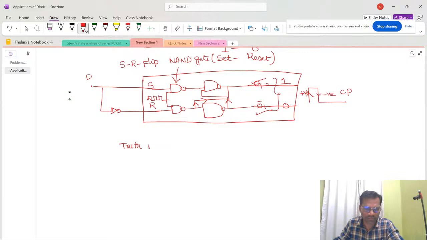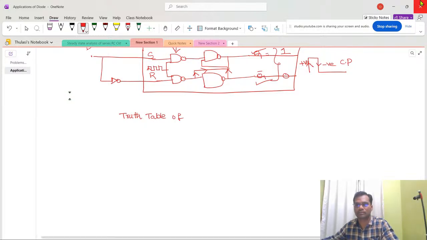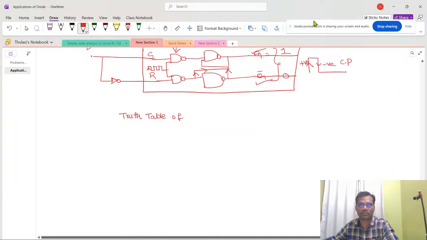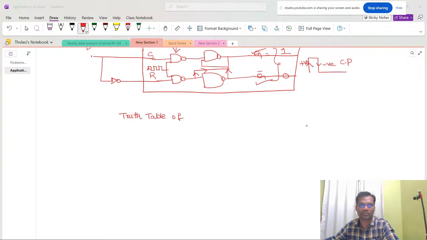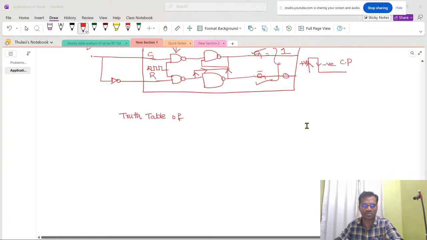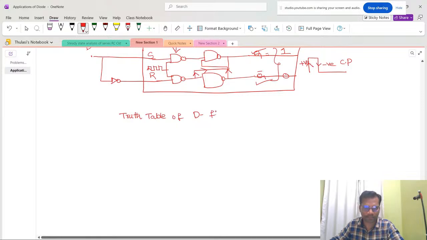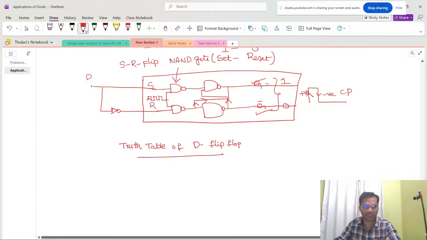So now let us try to see the truth table of a D flip flop.